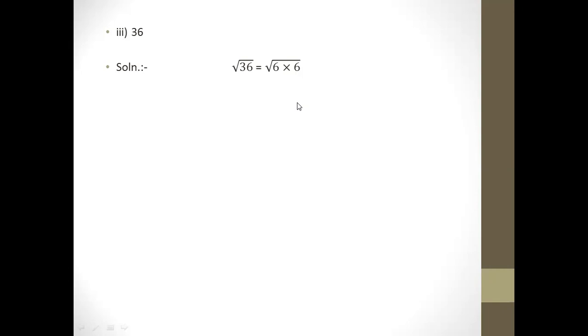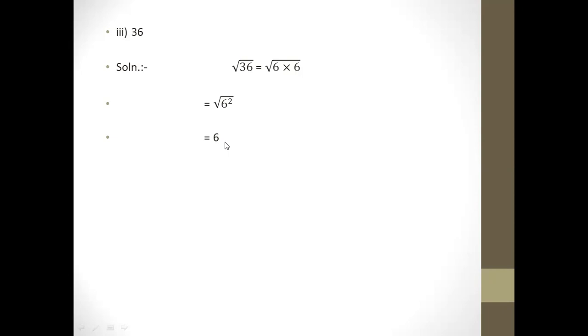So 2 power 2 and 3 power 2, and the powers are cancelled with the square root. And 6, 6 is 36, so 6 power 2. This power 2 and square root cancel with each other and you get the answer 6. So this is the way to find the square root of the given number.